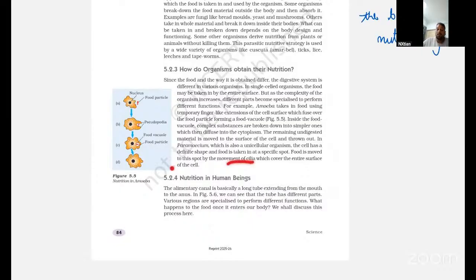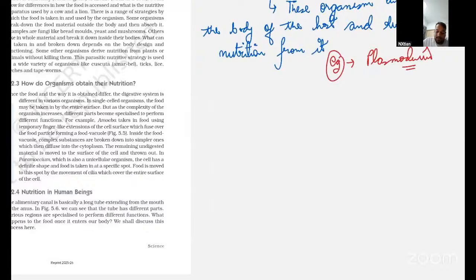So we can see in this diagram that amoeba can take food from any part, anywhere. If the food is on the right side, the left side, the top or the bottom, it can take food from anywhere.